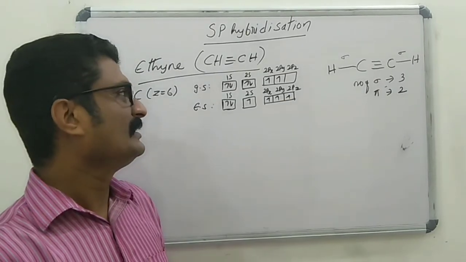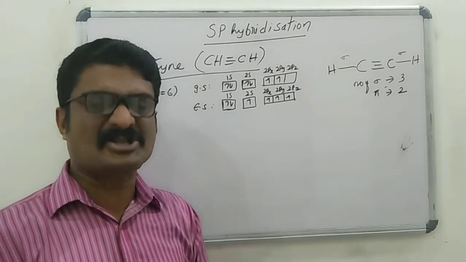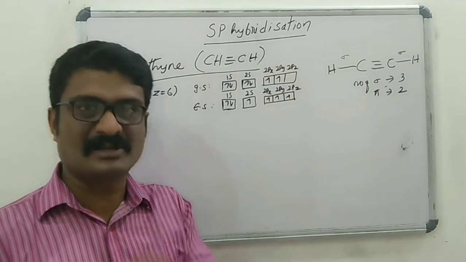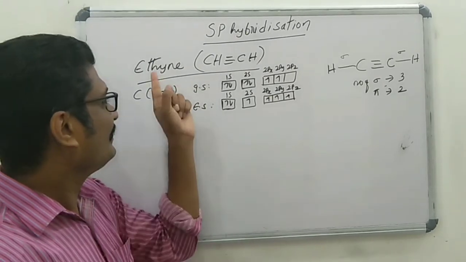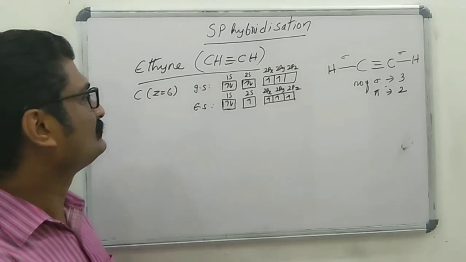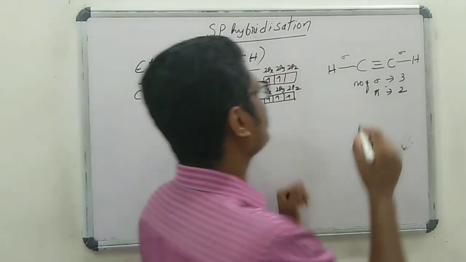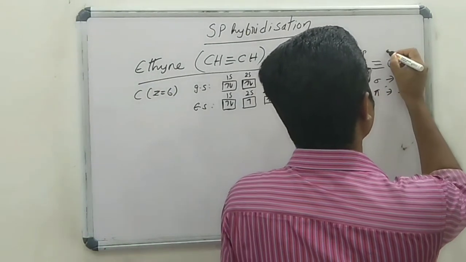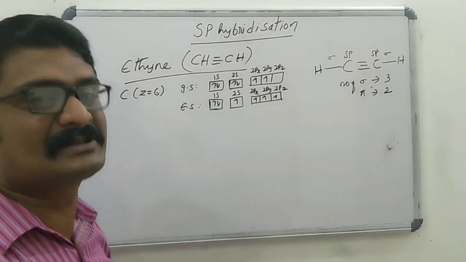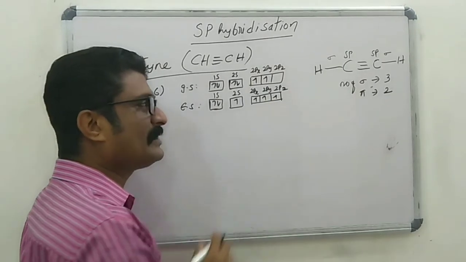We can study this formation of sigma bonds and pi bonds, or the formation of the ethyne molecule, on the basis of sp hybridization. Please listen. In ethyne, each carbon atom is sp hybridized. How are these sp hybrid orbitals formed?